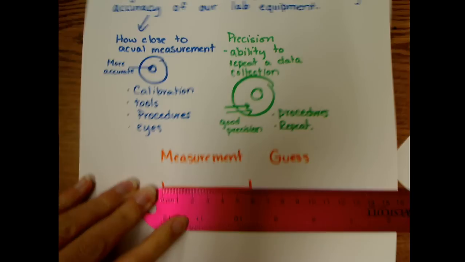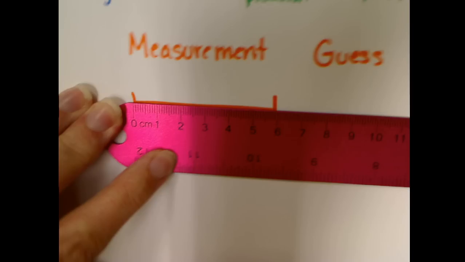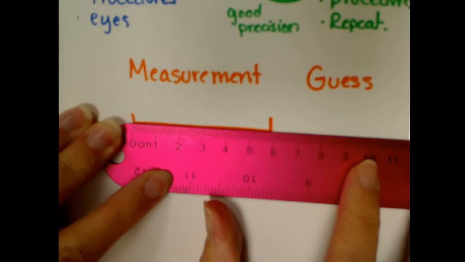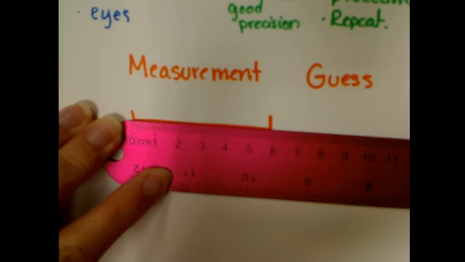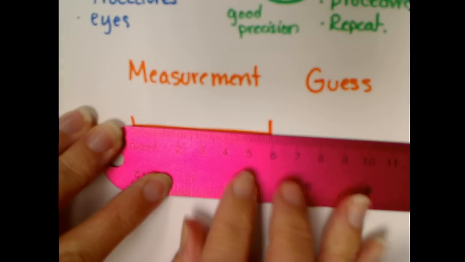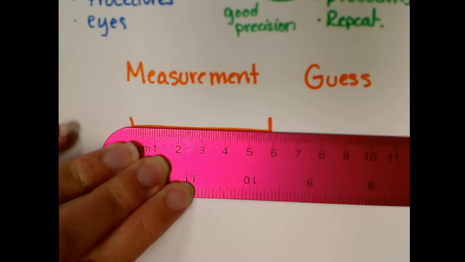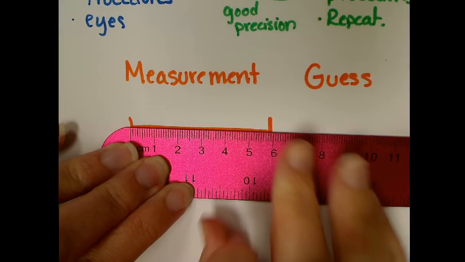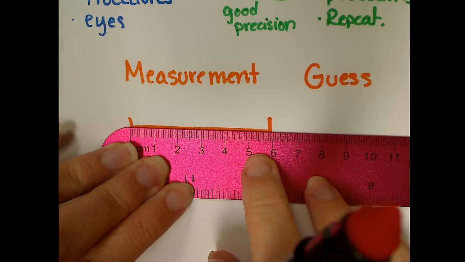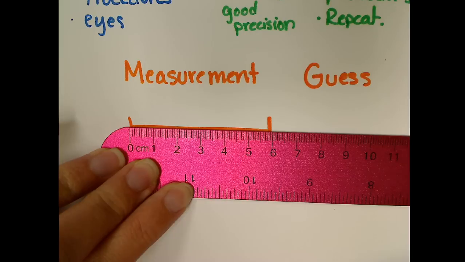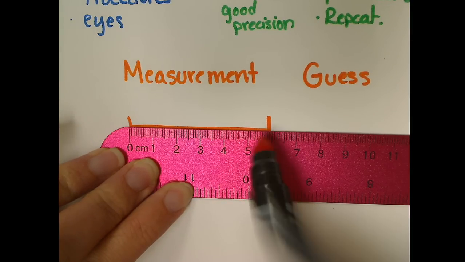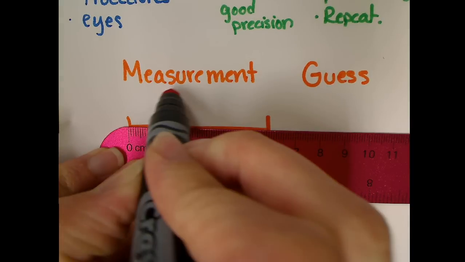I'm going to get the camera a little bit closer here so you guys can really see the accuracy and make sure our results are precise. Okay, so if I'm measuring this, I know that it is absolutely 5 centimeters. Okay. It extends beyond, doesn't quite hit 6, but I can know that it is 5.